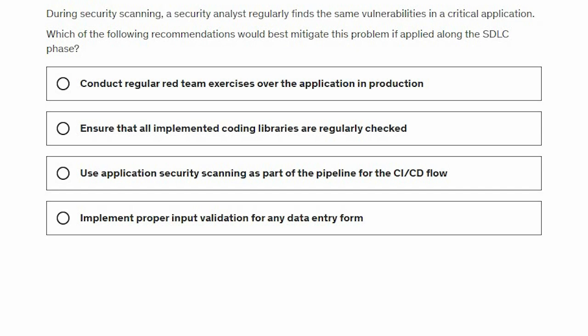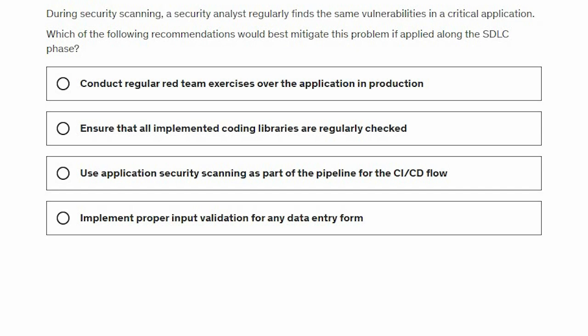A. Conduct regular red team exercises over the application in production. B. Ensure that all implemented coding libraries are regularly checked. C. Use application security scanning as part of the pipeline for the CI/CD flow.